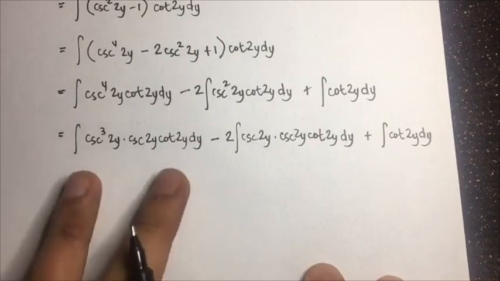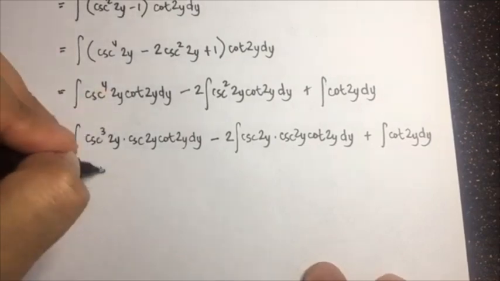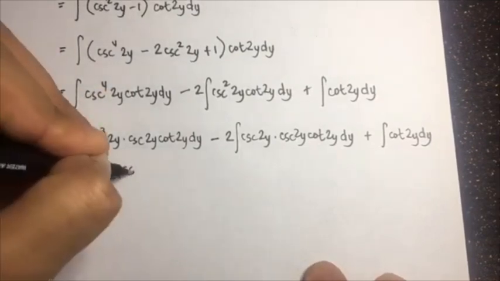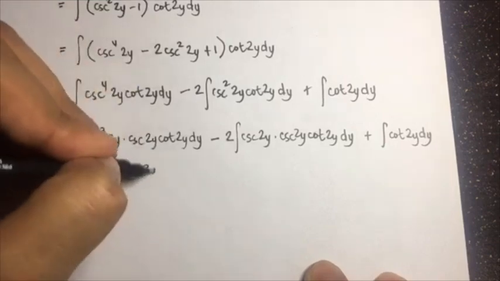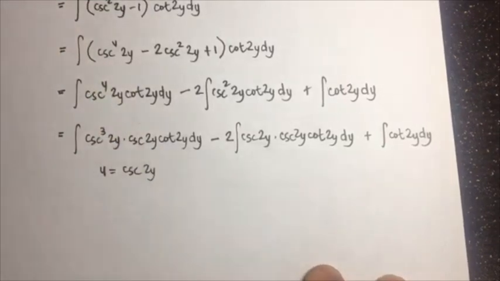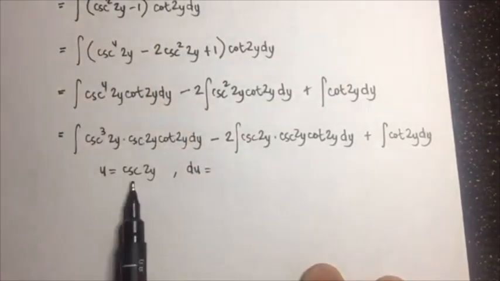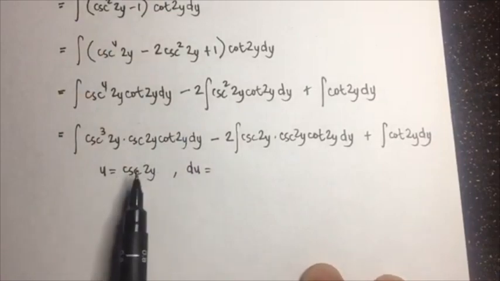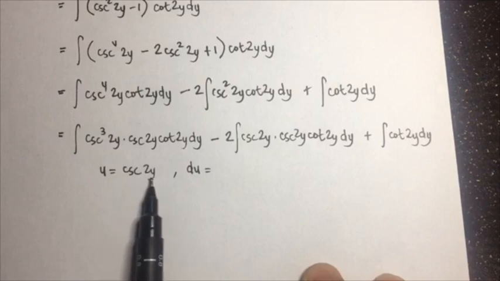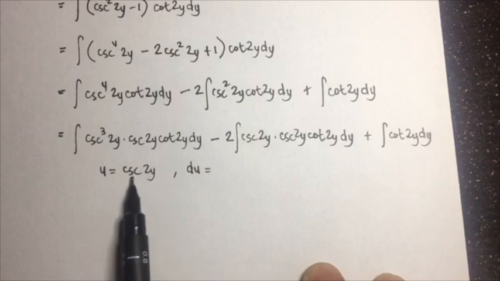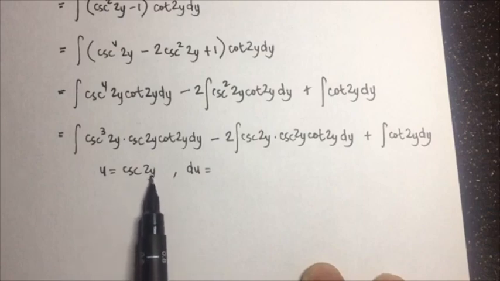Okay, so here we can now have our u. So our u is cosecant of 2y. So this is for the first term and the second term. So if our u is cosecant 2y, then our du should be, the differential of cosecant is cosecant cotangent. And then by the chain rule, we still have to multiply it with the differential of the function inside cosecant, so multiplied by 2 dy.